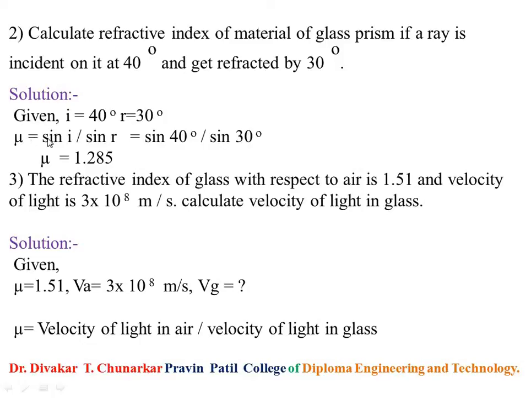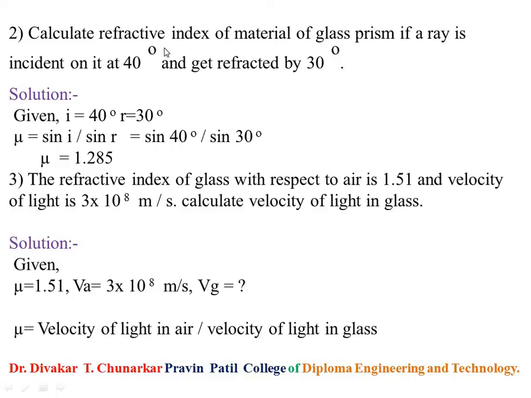Our formula is mu equals sin I upon sin R. So sin 40 degrees upon sin 30 degrees, which gives 1.285. So mu, the refractive index, is 1.285. This is our answer. There is no unit because the refractive index mu is a unitless quantity.